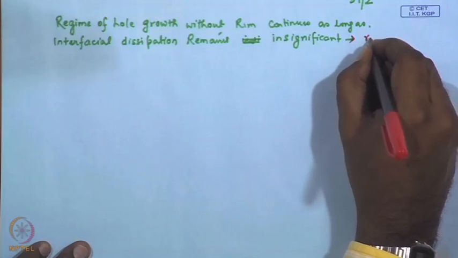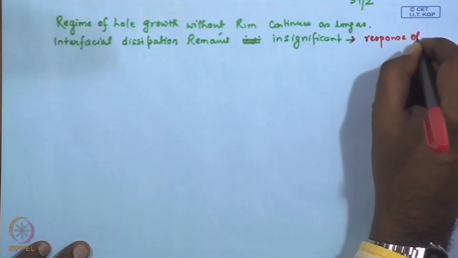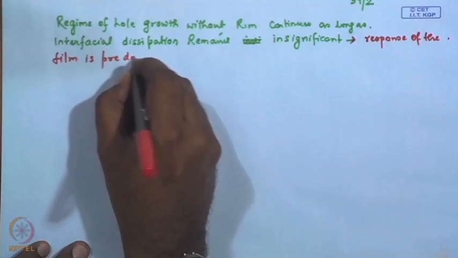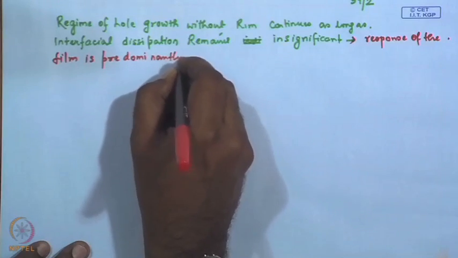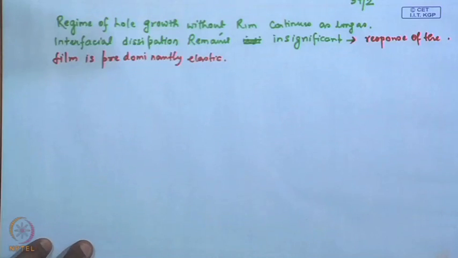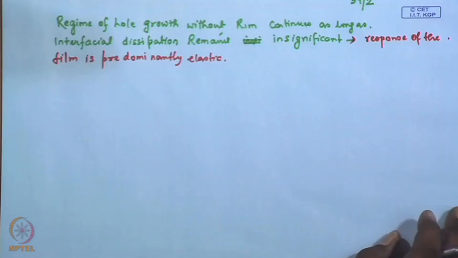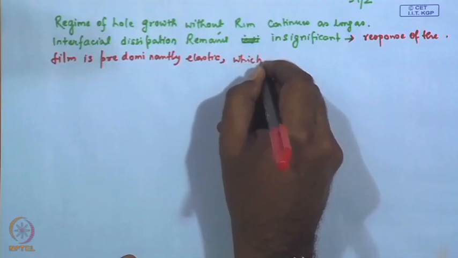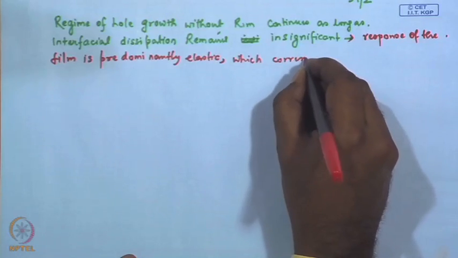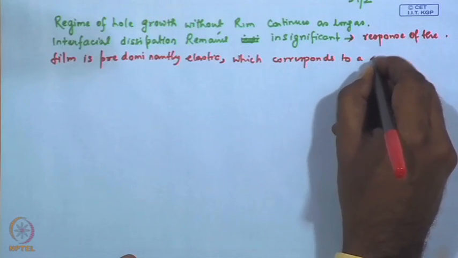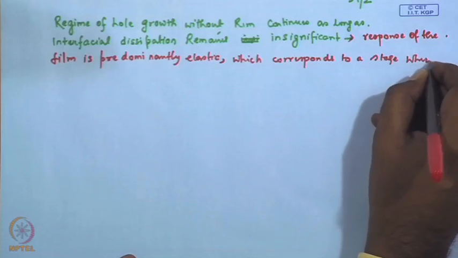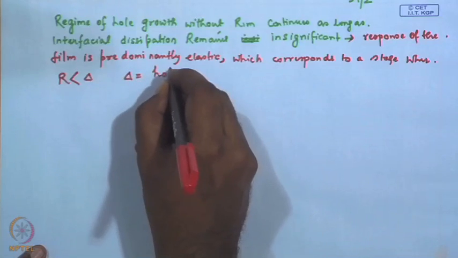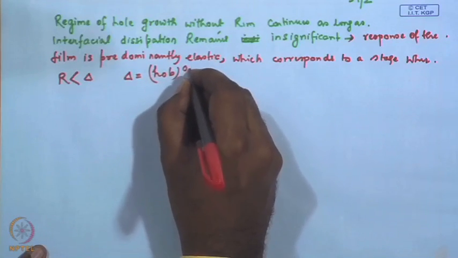So, this means the response is predominantly elastic. The rheological response of the film is elastic, and this lasts to a stage where the hole radius remains less than delta, where delta is defined as H0 into b, b is the slip length, raised to the power half.